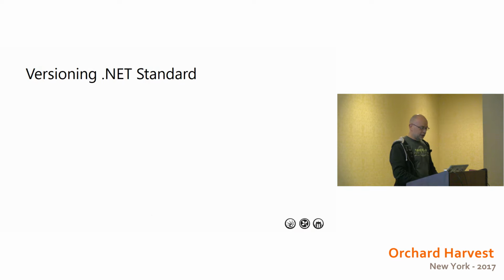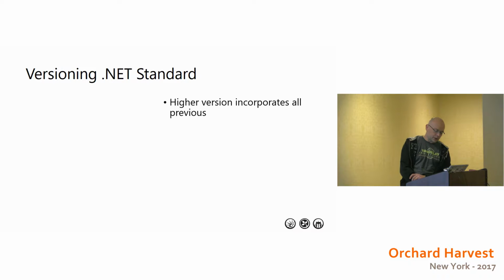Okay. So another thing that's interesting about .NET Standard is the way that it's versioned, and that was actually one of the issues we had with PCLs. There is a number of guarantees that you get with .NET Standard. One is that if the version number is higher, it means that you also get all the APIs that previous versions implemented.